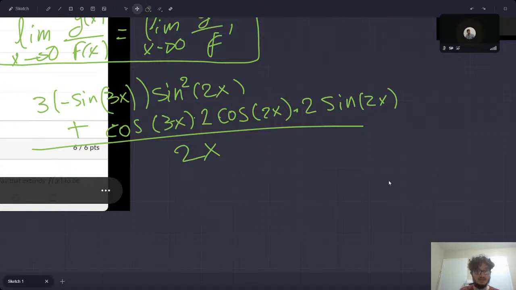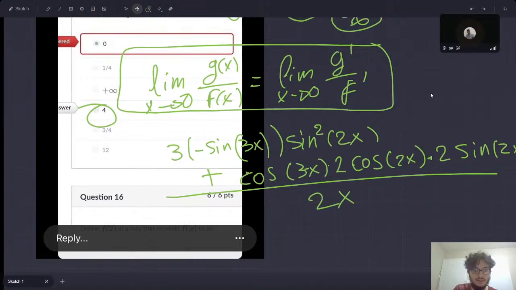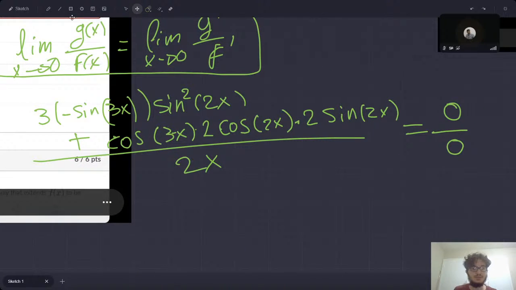Yeah, you need to do it again, right? If you still get 0, if you substitute x equals 0, clearly this is 0 over 0. It's again indeterminate. Now notice that if you take another derivative, the bottom part is going to be 2. And then you can visualize this to become a sum and a product of sines and cosines.